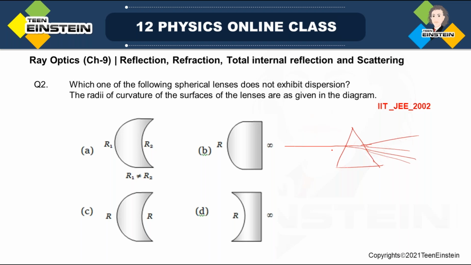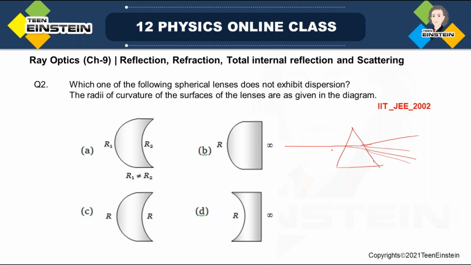So dispersion means the splitting of light into its component colors. That depends on the refractive index of the material and the color or wavelength of the light. Not only that, if we have curvatures other than a prism, the angle of dispersion depends on the radius of curvature and the nature of the radius of curvature.